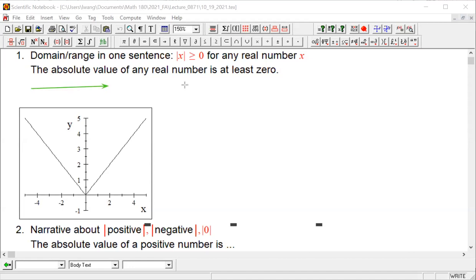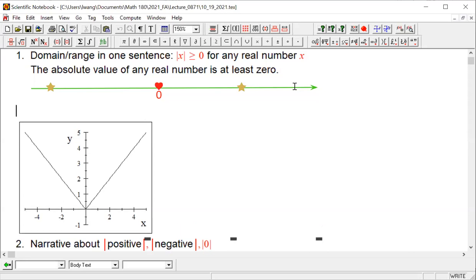Okay, the number line, 0, the point of reference, and any number you pick. We look at the distance between a number and the origin.